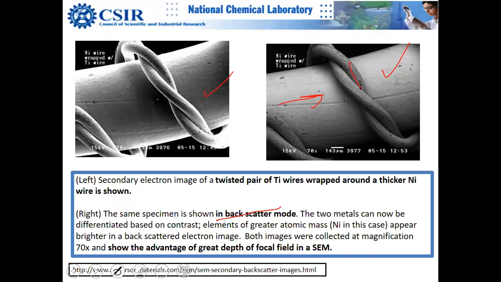You can see the proof of what I said: there has to be a substantial difference, and you can't detect neighboring elements. Don't do that. It will be very difficult to differentiate between, for example, manganese and cobalt, or manganese and iron. Don't do that. It's not easy.